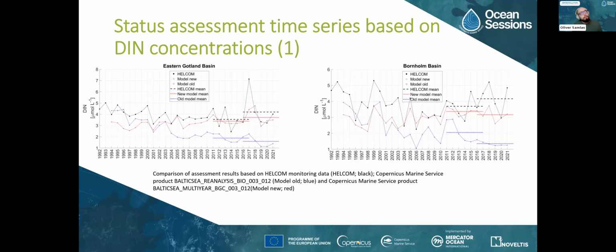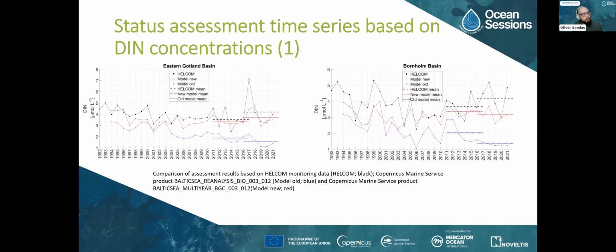Now, when we actually look at the concentration values, or the indicator values at the end, we were also able to do a comparison with 2 different products, because 2 years ago, I think, the production team behind the reanalysis in Copernicus changed. And we used both of them.